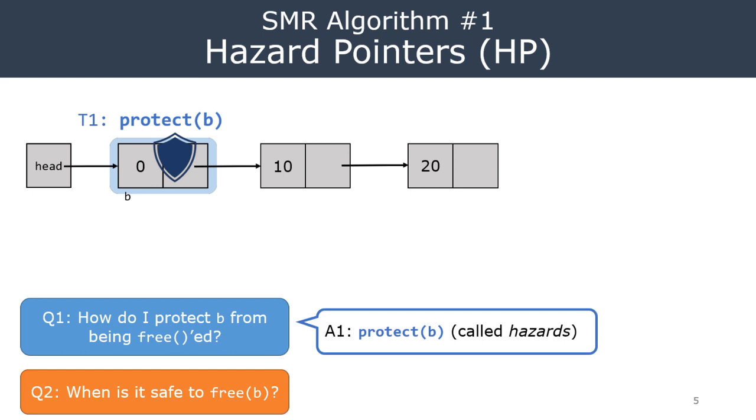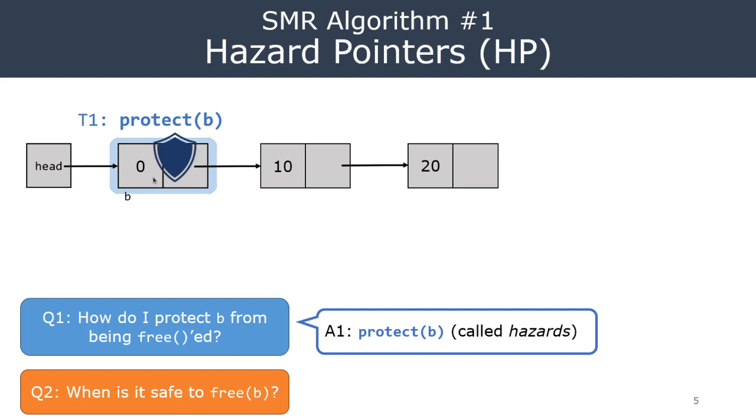At the beginning of an operation, or just before accessing a pointer, you first need to declare that you're going to reference this pointer, so before that, you want to protect the block. That is basically the API of protect B. Before dereferencing the block B, I need to protect it so that the other threads are not going to reclaim the same block concurrently. So far so good.